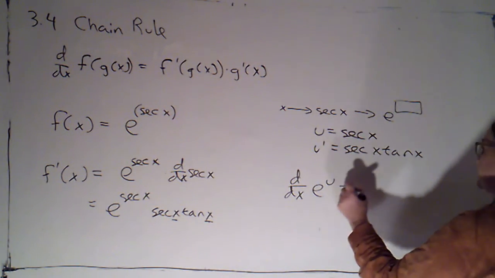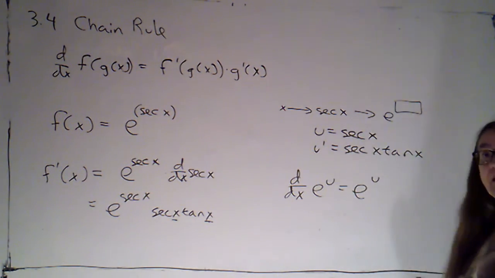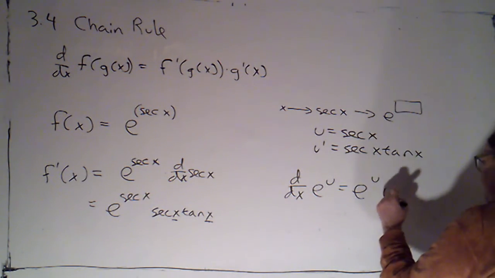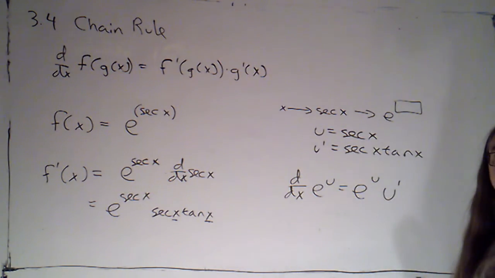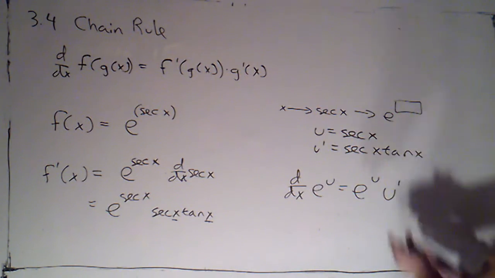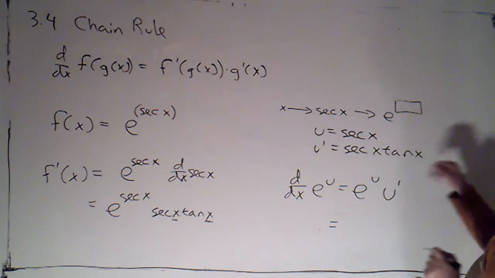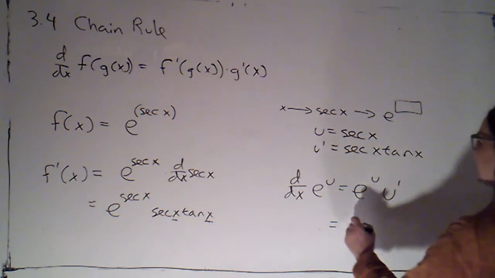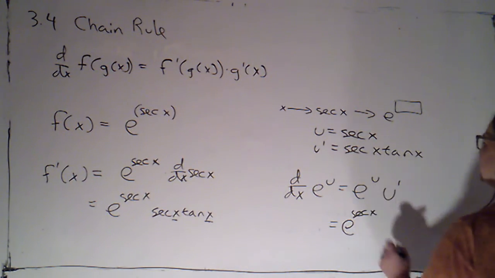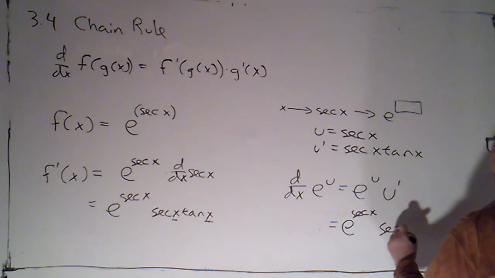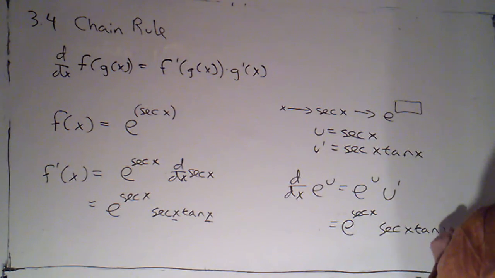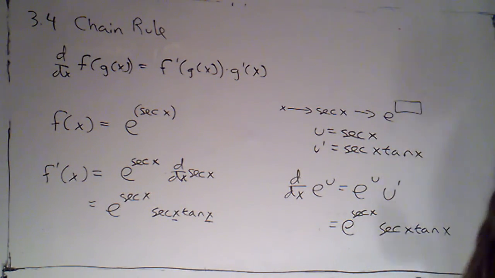First step, I take the derivative as if u is my variable. Then I multiply by the derivative of the inside part, which is just u prime. And then I have to rewrite everything back in terms of x. So e to the u is e to the secant of x times u prime is secant x tan x. Good stuff.